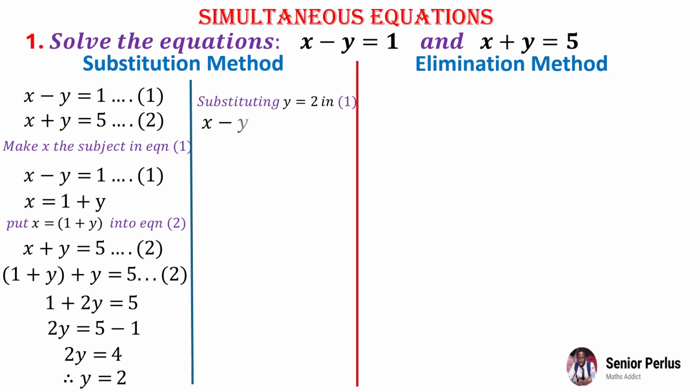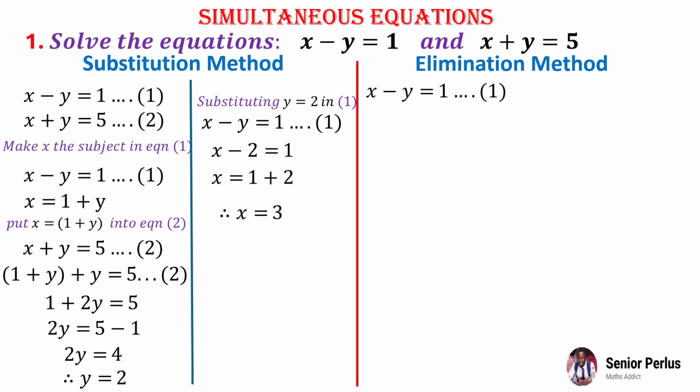If I substitute this into equation 1, our y is 2. So therefore, we can solve for x. Then our x is 3. So this is how we solve using the substitution method for simultaneous equations.